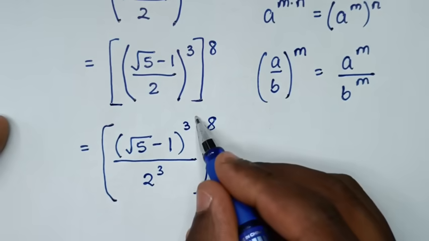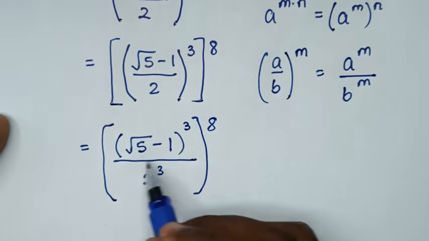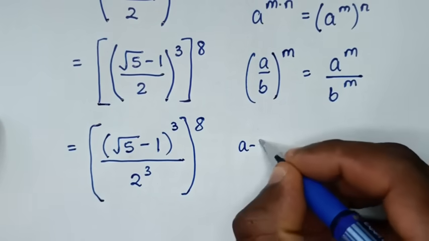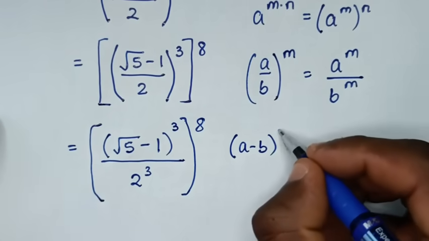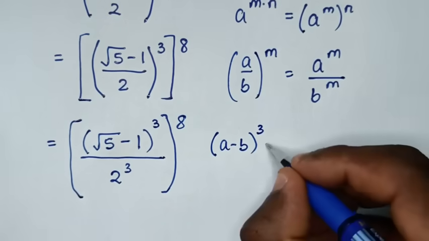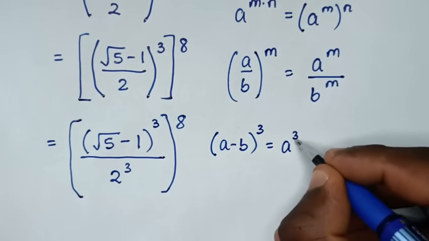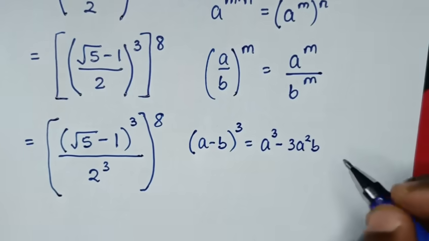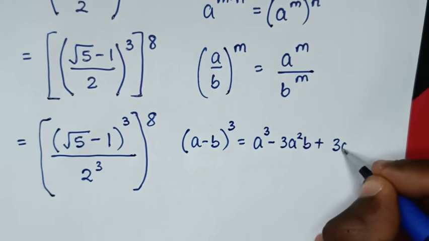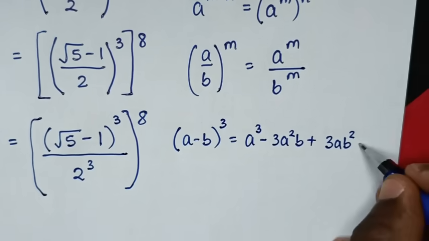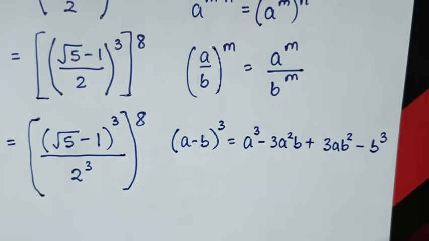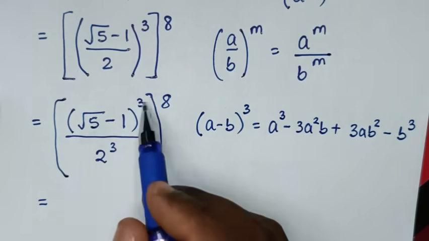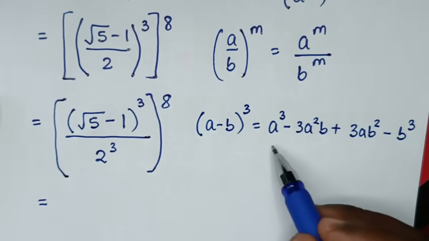Then in the next step, this part is in the form of a minus b bracket power of 3, which is equal to a power of 3 minus 3a square b plus 3ab square minus b power of 3. We apply this form.